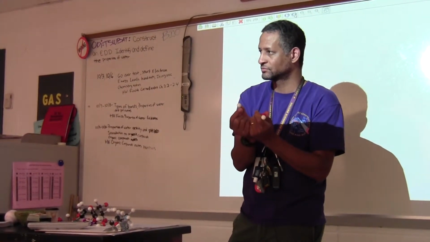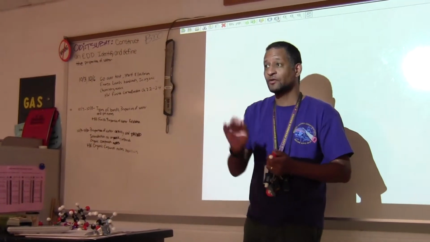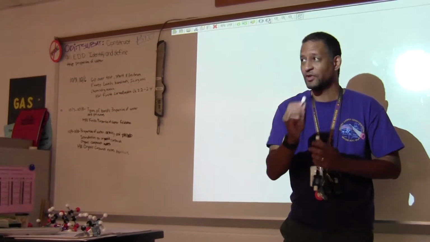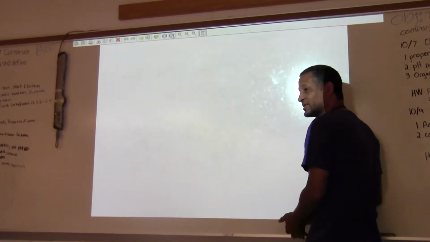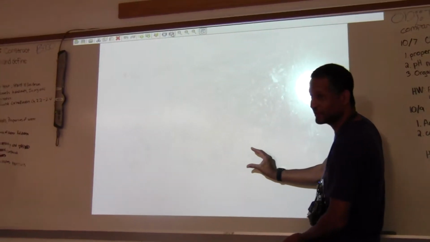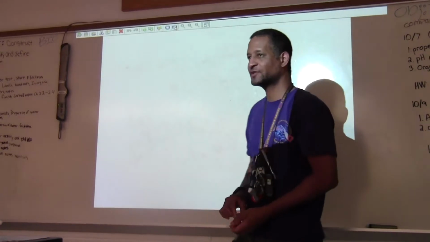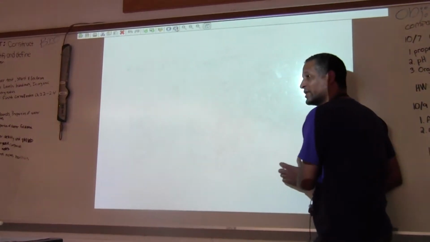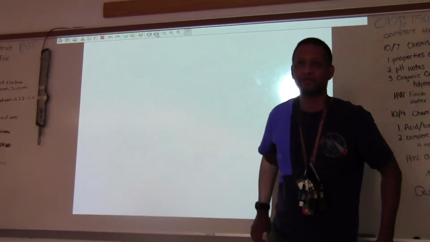Which one does it do? Say it loud. So it increases the H pluses. So let's write H plus. Do you know the symbol for greater than? Greater than OH minus. H plus greater than OH minus. That should be in the area that we've labeled acid.